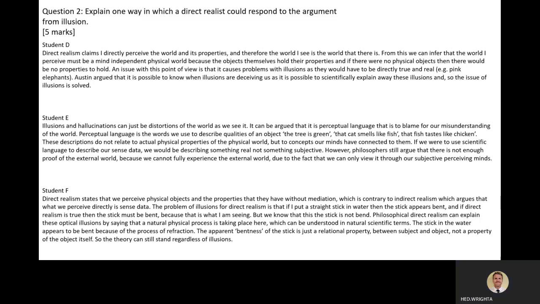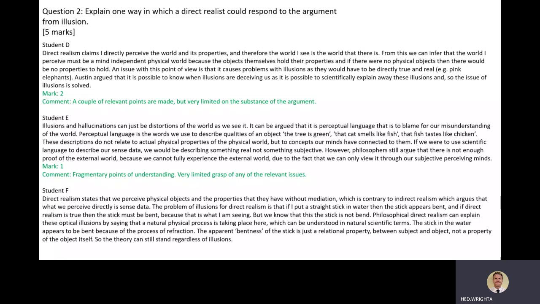That sounds more like a hallucination rather than an illusion. I don't know why they're throwing pink elephants in there. And while it's true that it causes problems with illusions, which would have to be directly true and real, they've not really explained the problem with illusions and the argument that illusion brings to the debate. So they only get 2 marks.